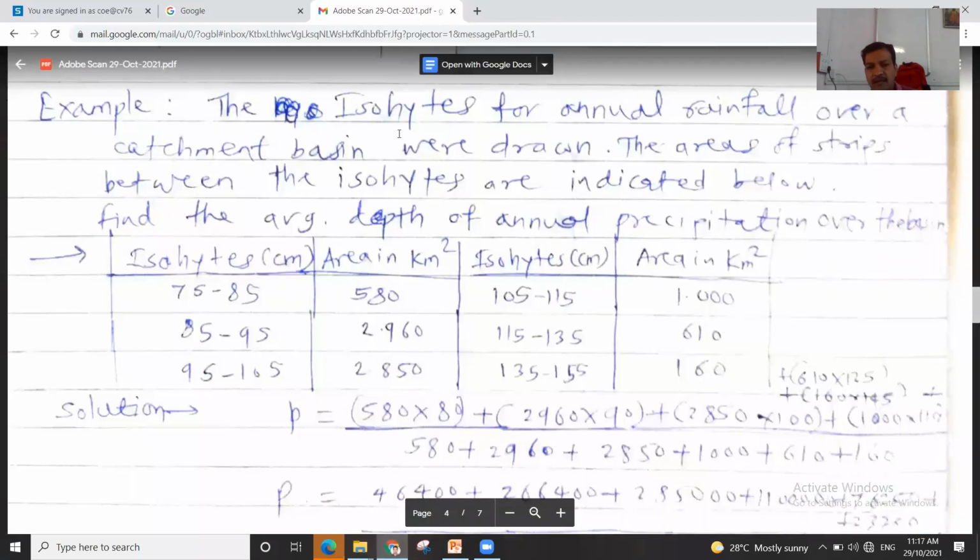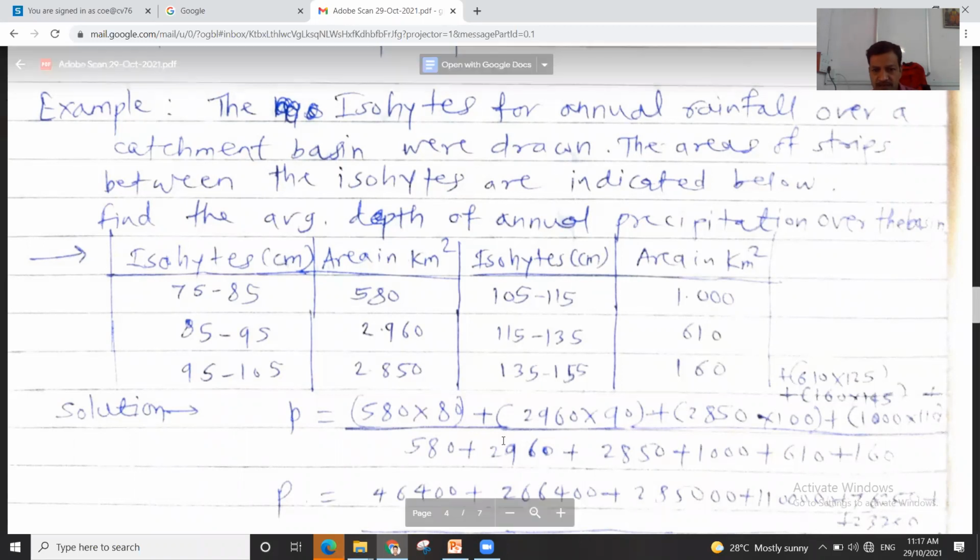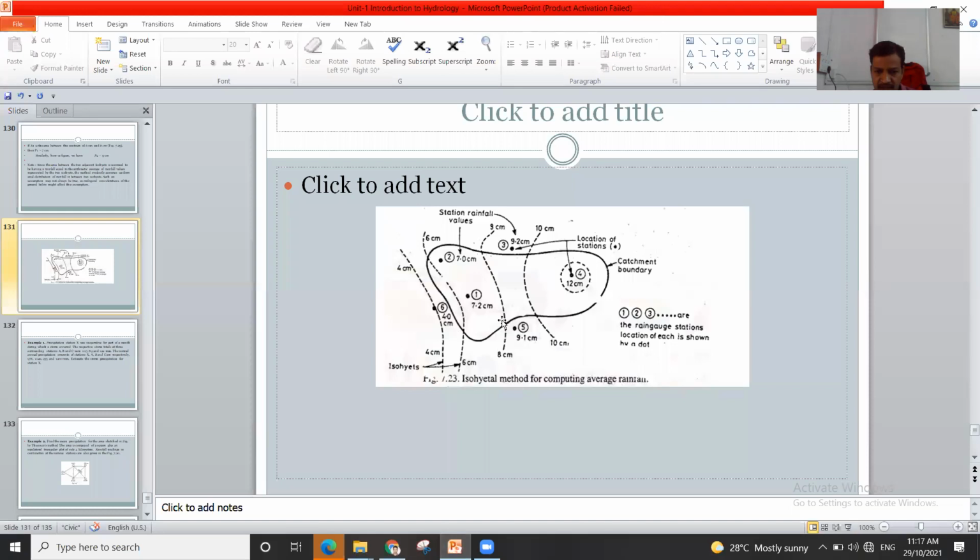For example काय आहे? The isohyets for annual rainfall of a catchment basin were drawn. याप्रमाणे हे ड्रॉ केलेलं आहे. Isohyets are drawn and rainfalls are shown at each station. Station rainfall values are shown.